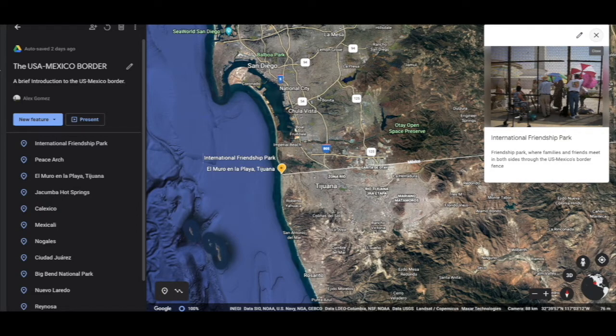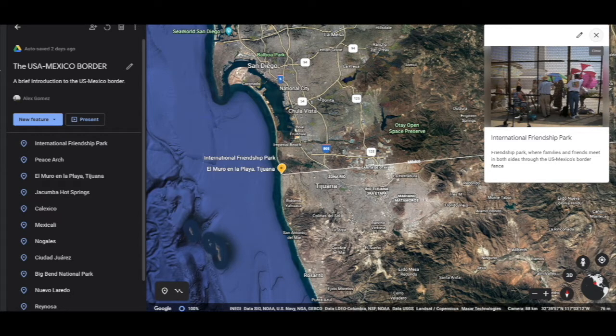This border fence that I'm going to zoom in on is connected to the politics of the US because for about 4 decades, since the Bill Clinton administration, they started to develop and build more wall.